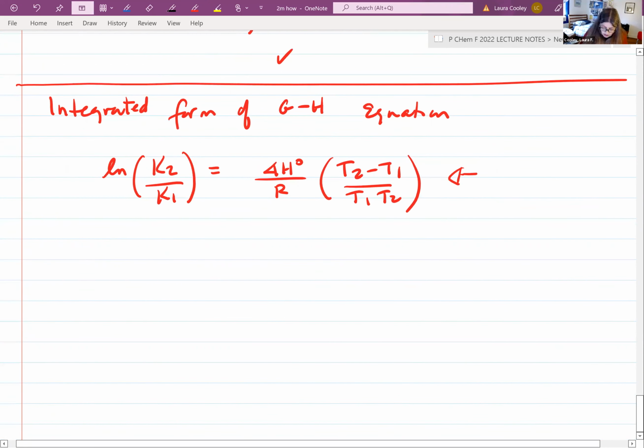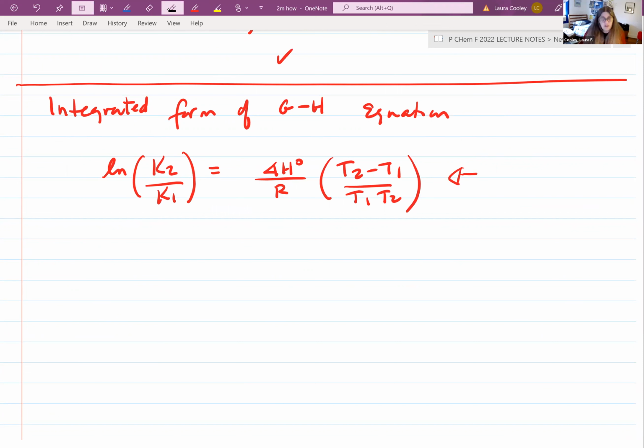Anyway, I want to talk about how to handle this equation and how to think about it, because a lot of times you use this equation to get the delta H. So you'd have to solve it for delta H0. And you don't want to make a mistake with a sign here, because if delta H0 is positive, then K increases with increasing temperature.